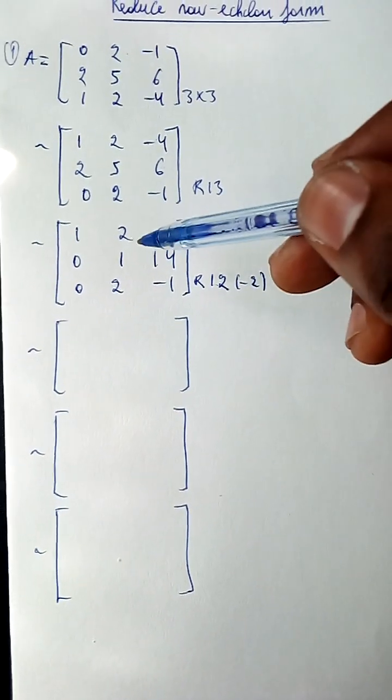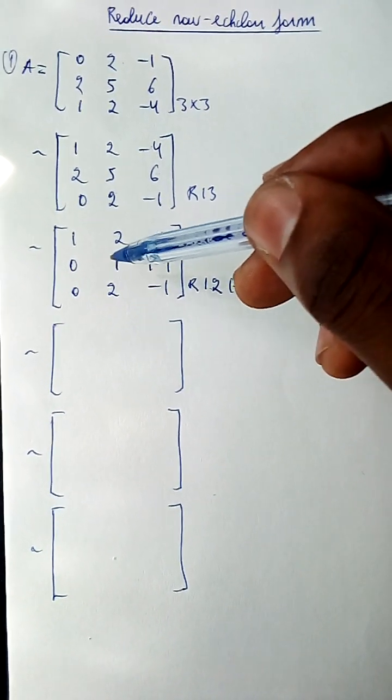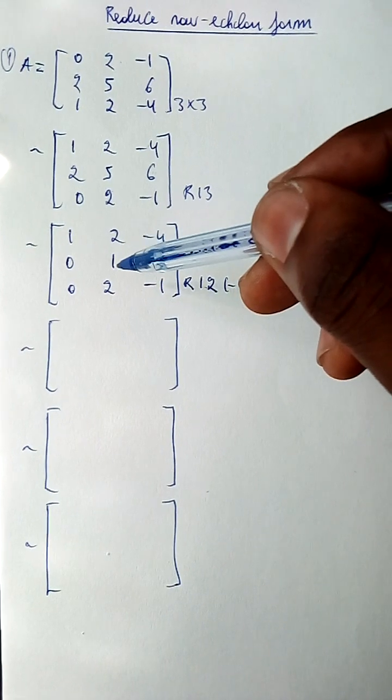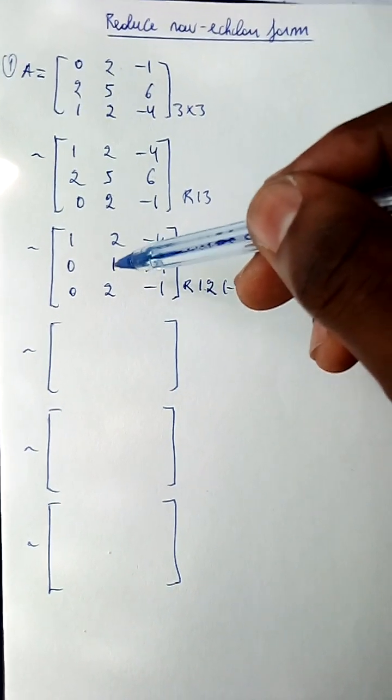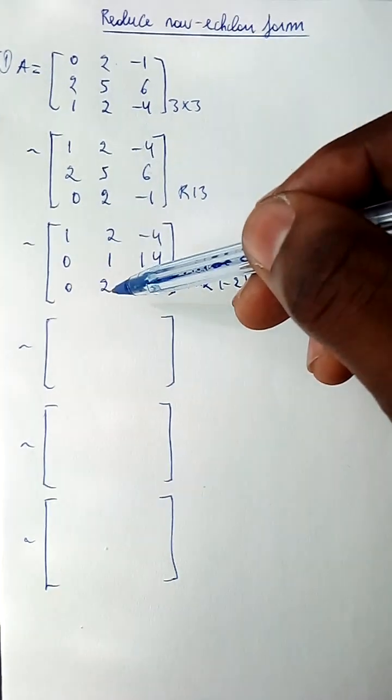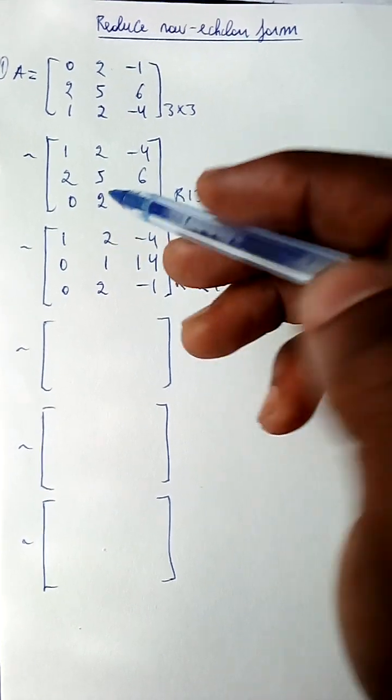So guys, as we already have a leading one here in the second row, it's good. We're going to use it in order to make 0 in the third row.